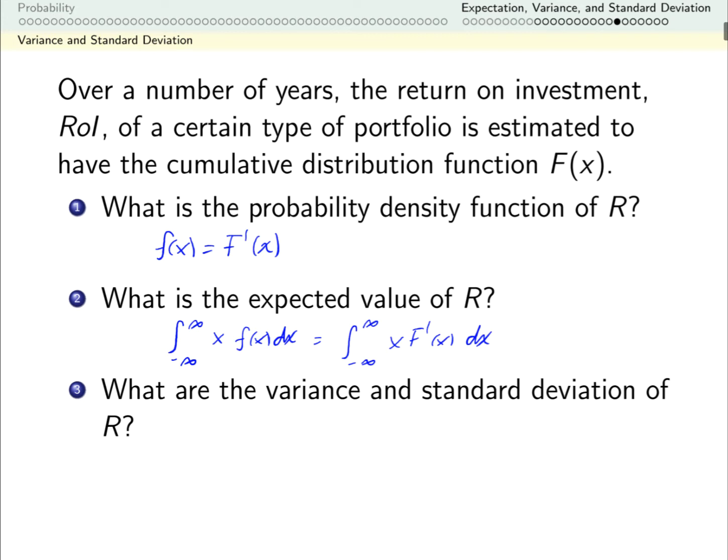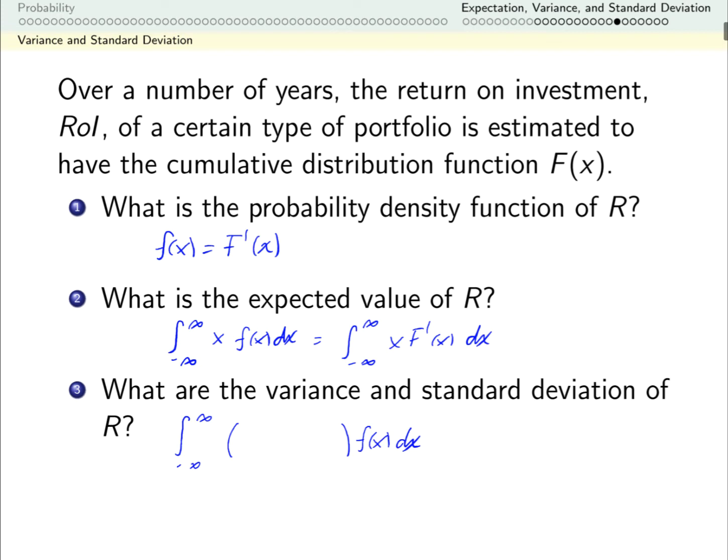And we can also remember the definition of variance and standard deviation. So the variance is the integral from negative infinity to infinity. It's something like an expectation. It's the expectation of something. So we need to multiply by the probability density function.